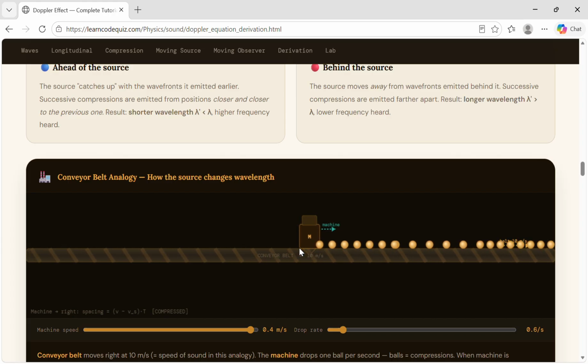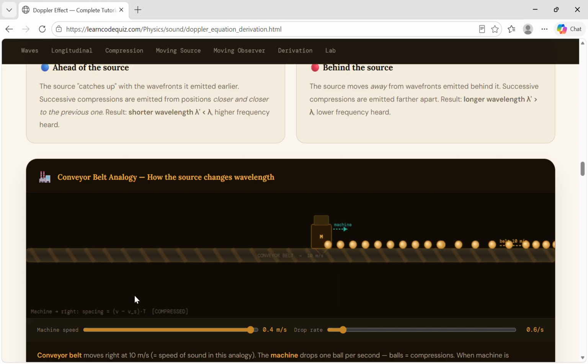So how do I understand that? Okay, so this is one thing, where the machine which was dropping the balls is now moving in the direction of the conveyor belt. It's moving in the same direction in which the conveyor belt is moving. So the source is moving towards the observer.